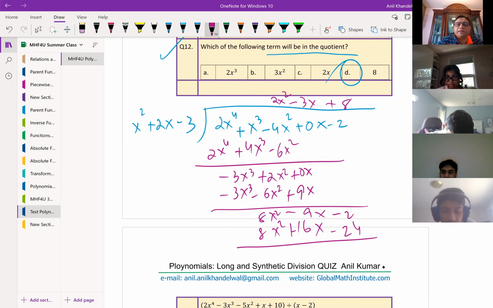So 8 times 2 is 16, and 8 times 3 is minus 24. And when you do this, you get 22 as your answer. Okay. So that is what we get, right?